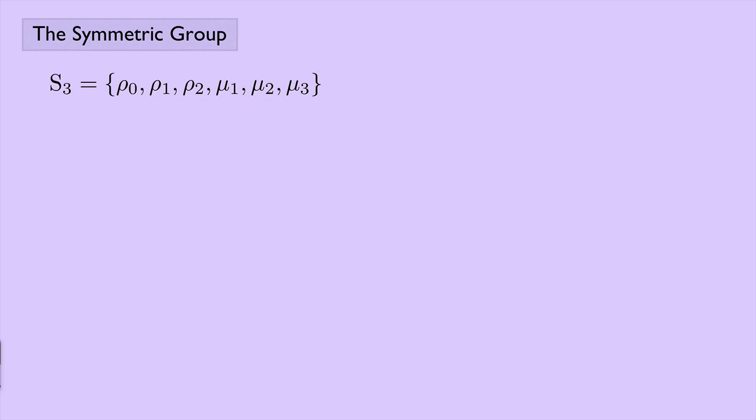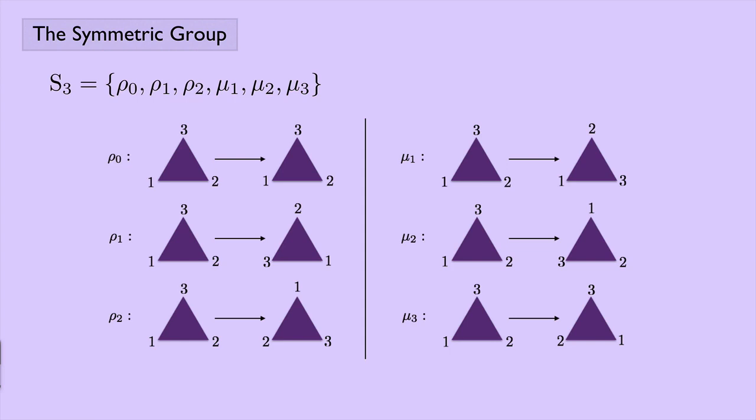So you might recall that we had the group S sub 3, which was the symmetries of an equilateral triangle. And it had these elements: rho naught, which was the identity, and then rho 1, which was a rotation, rho 2, which was another rotation, and then the mu's, mu 1, mu 2, mu 3, which were flips. So here are the elements.